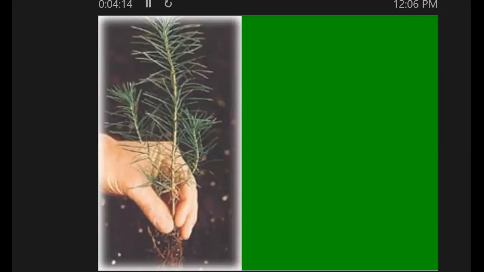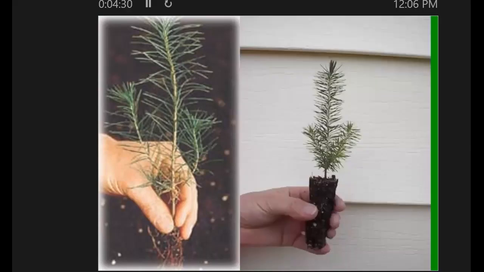So if you've taken maybe BI 112, maybe you did a tree lab where you would look at how many needles are clustered together, and that's a way to identify what kind of conifer you're looking at. But when they're first born, so to speak, when that sporophyte is germinating and growing, they all just have single needles. So it's really hard when they're really, really tiny, really young. It's hard to tell what species they are.